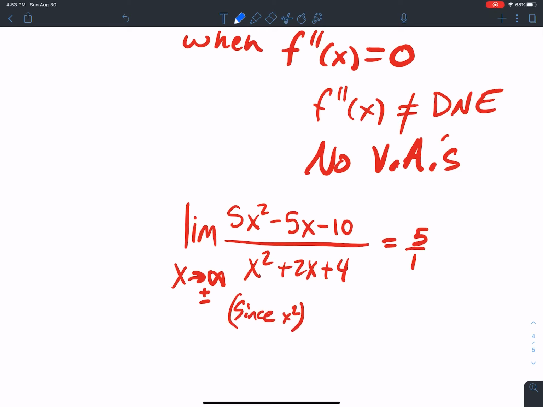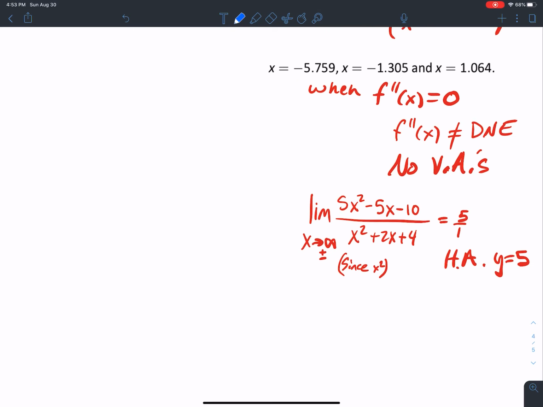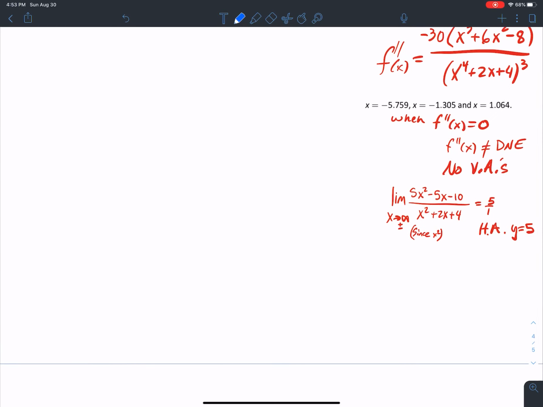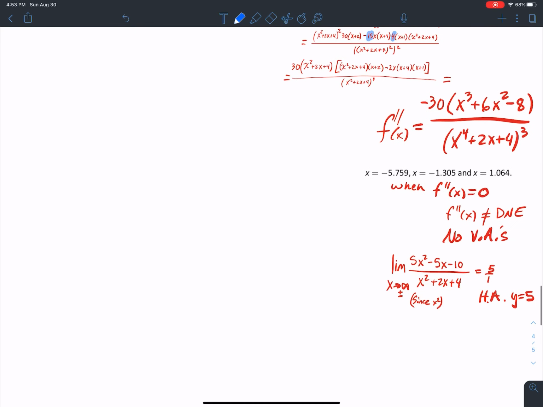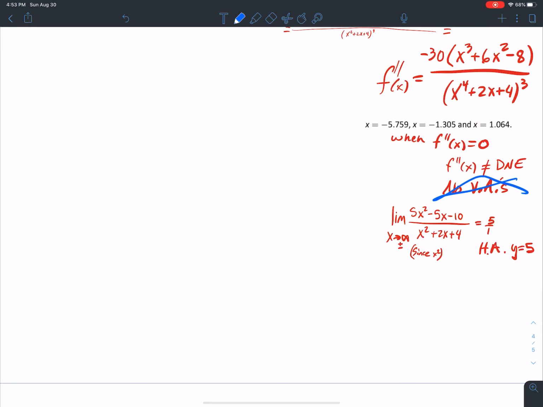Why? Because there's an x squared term, so whenever I square a negative number, it still turns out positive. So that one worked out for us. It's positive 5 for both of them. So y equals 5 is my horizontal asymptote. Now I've got my horizontal and vertical asymptotes: no vertical asymptotes, and 1 horizontal asymptote.